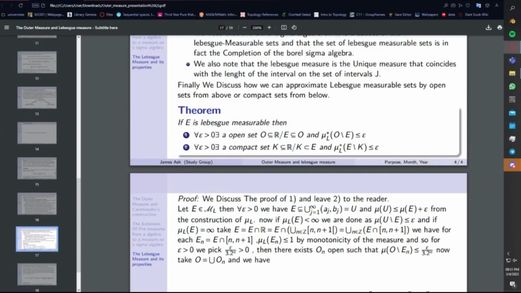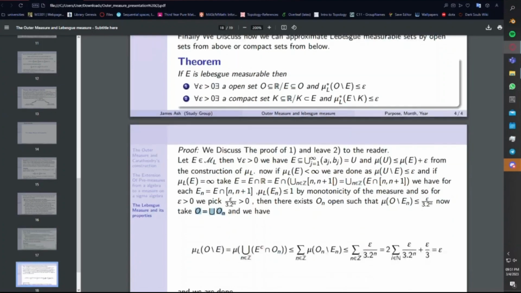So now that we have this, we pick an open set O_n to cover this set E_n, and we already proved that we can do this for the case when it has finite measure. So we can find an open set such that the measure of O_n minus E_n is less than epsilon over 3 times 2 to the n. And if we take O to be the union of all these sets, this is going to be exactly the open set we are trying to look for.